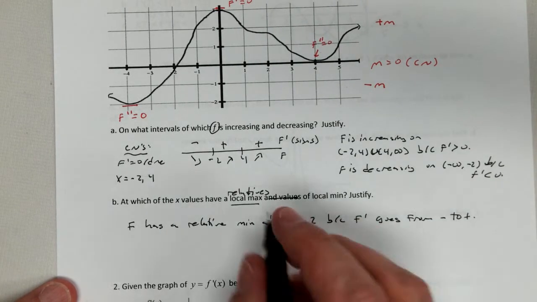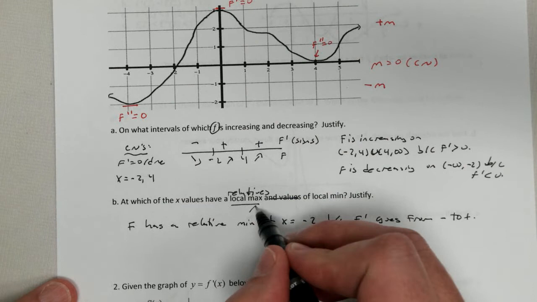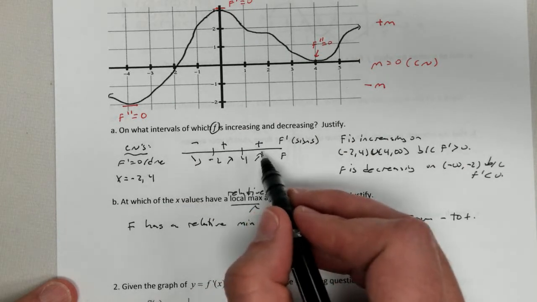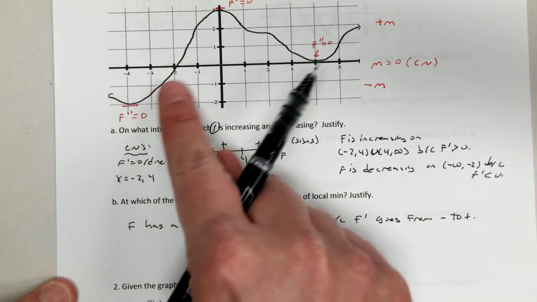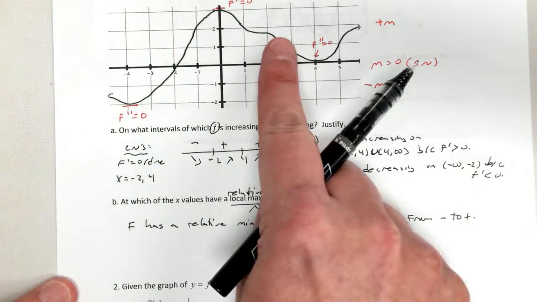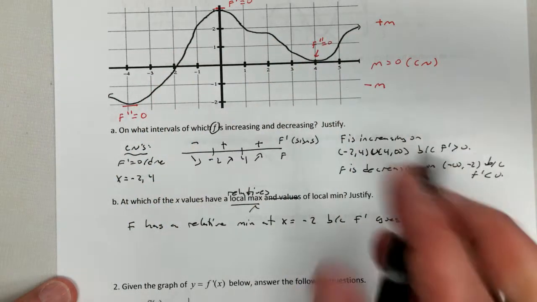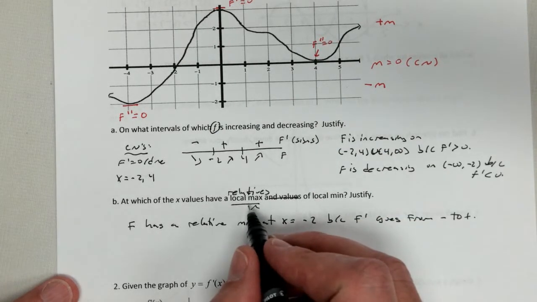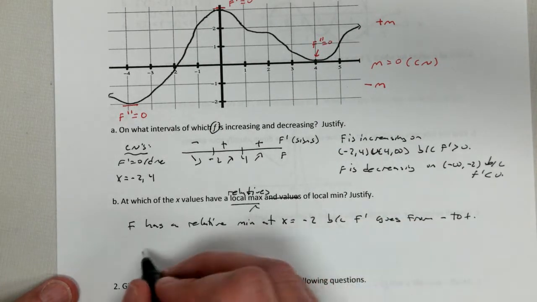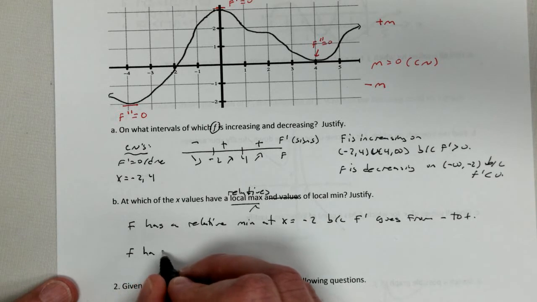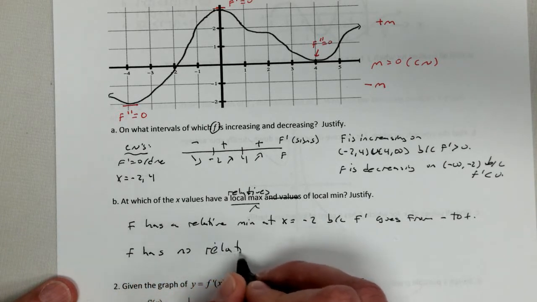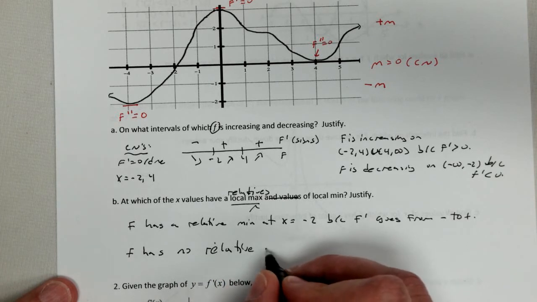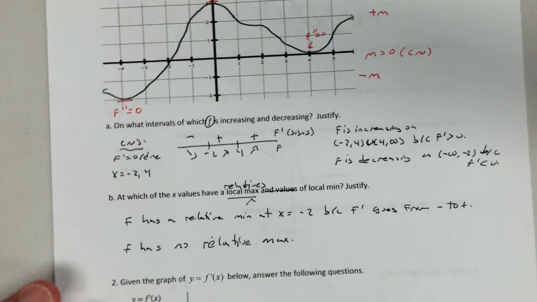Do we have a local max? Well, if you remember, for a local max we have to go up and down. This goes up and up, but it never goes back down. Remember, because my derivative says we're decreasing here, and then any other time we're increasing forever. So this does not have a local maximum. So we can say f has no relative, and if you want to say local, that's fine too. I'm used to saying relative. Relative maximum. There's our answer.